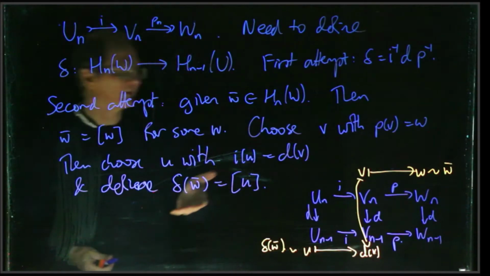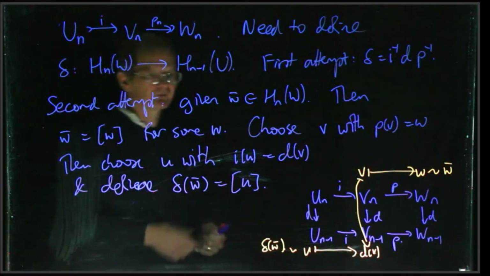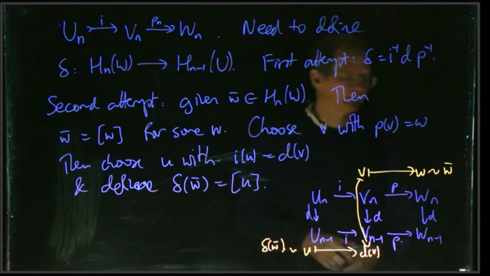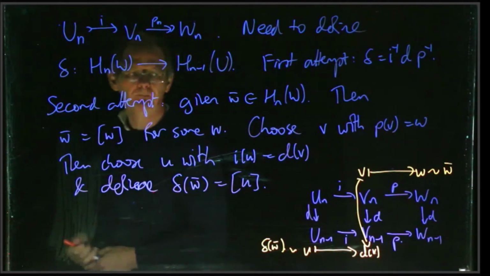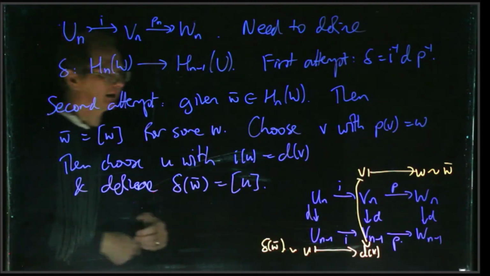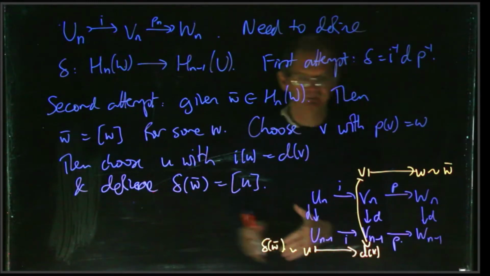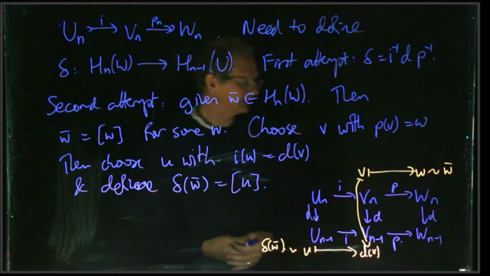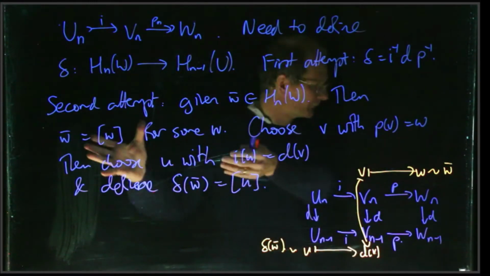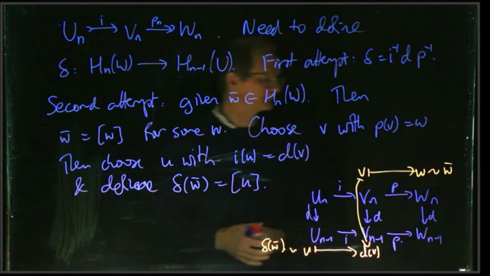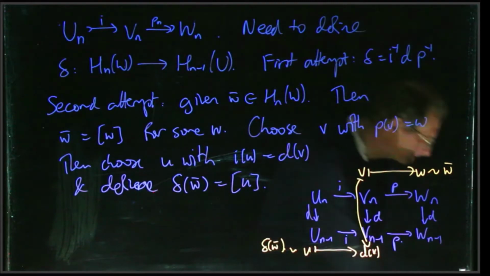And then even if we've done all those things, we made some choices along the way. And how do we know that the final answer doesn't depend on those choices? There's a whole bunch of things to check. And it turns out in order to check all those things in a coherent way, it's best to proceed in a slightly different way and study the set of all possible choices that we could make in here and see what the structure of that set is. So that's what we'll do.